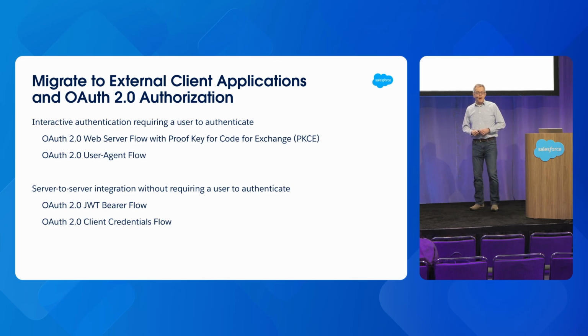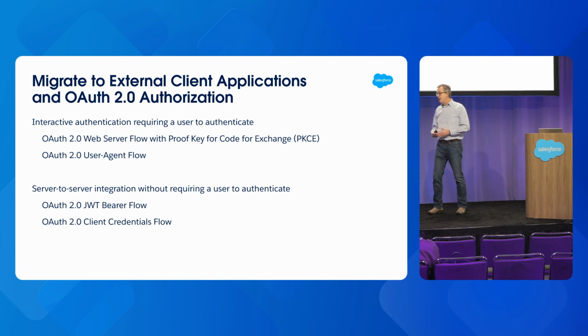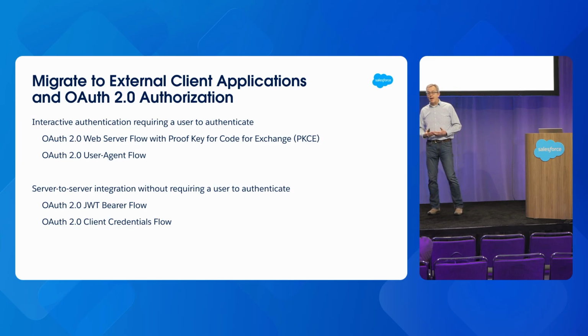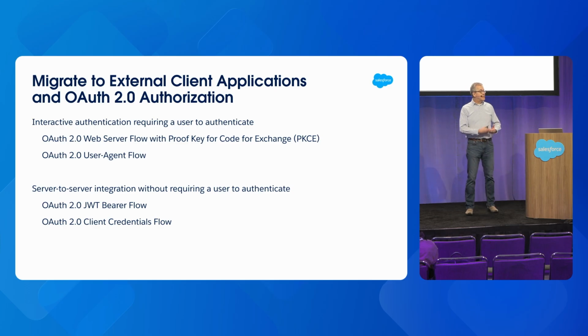OAuth 2.0 provides a number of authentication flows which are available, and which one you choose to use really depends upon your specific use case. So once you've created your external client application, you can specify the OAuth flows that it will support. Now, if you have an interactive experience, if your application has user interaction, so that is the user logging on, then these are the two flows that are going to be appropriate.